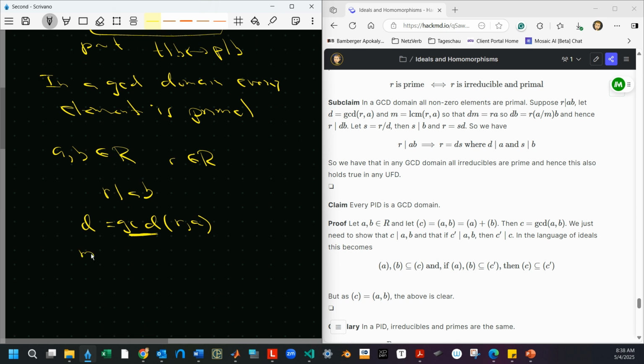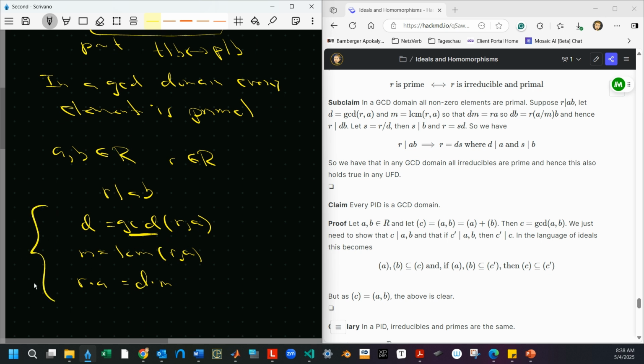So I'm going to let M be the LCM of R and A. And remember what we have here is that R times A is equal to D times M, right? We had that above, because the GCD times the LCM is equal to the product of the things we're doing that in.